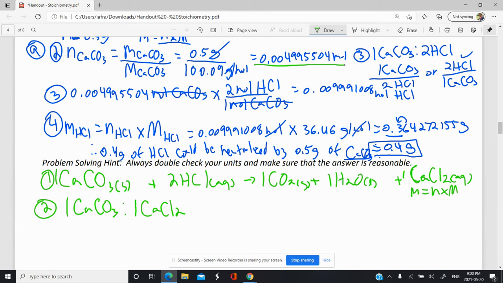And so because it's a 1-to-1 ratio, therefore, the number of moles of CaCO3 will be equal to the number of moles of calcium chloride, not the mass, but the number of moles. And that's going to be equal to the 0.004995504 moles. For a 1-to-1 ratio, it's acceptable to do that as long as you state it's a 1-to-1 ratio. You could always go and show your multiplication and cross things out.